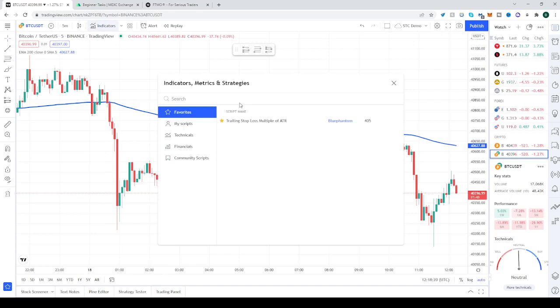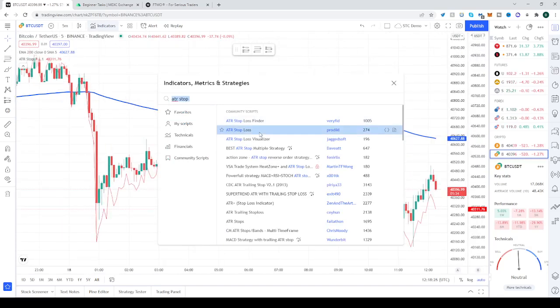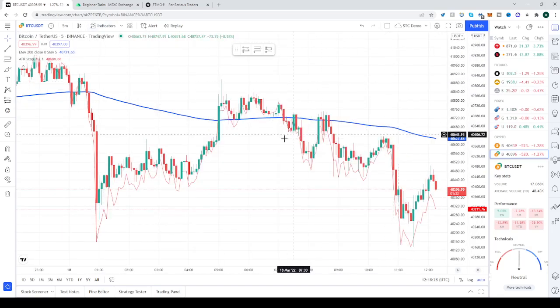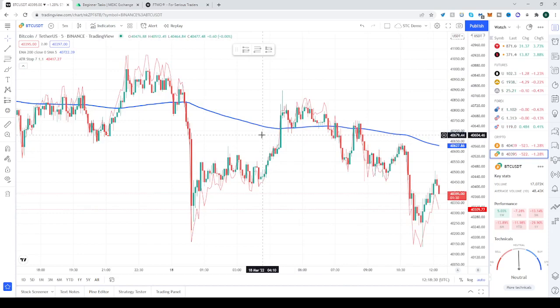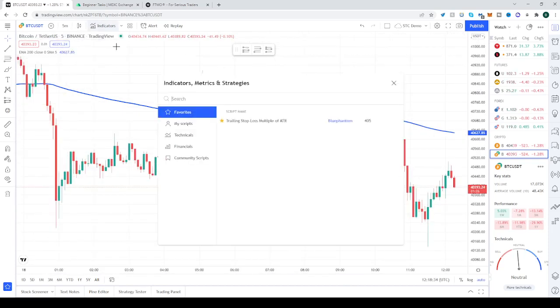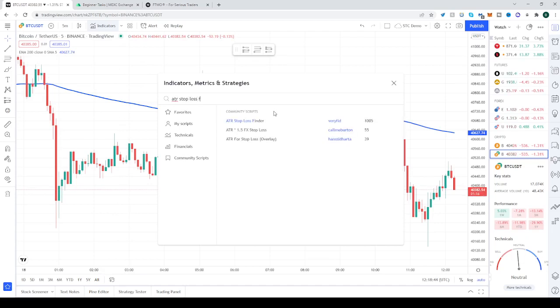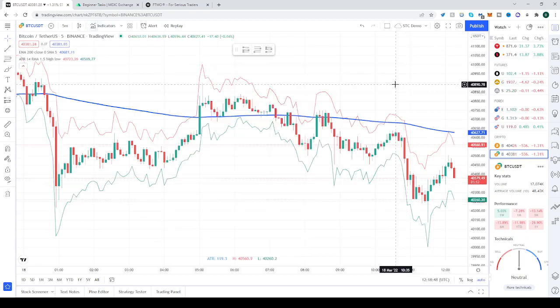So it's basically mostly picking and choosing what you want and how you want it. So this ATR is good, but not so good for beginners. I think this way. Oh, there we go.